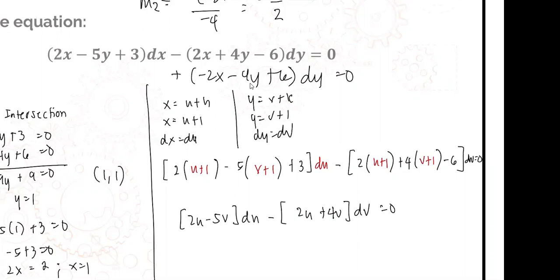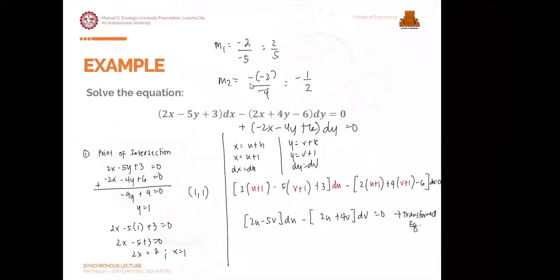So ito na yung transformed equation natin na homogeneous, no? So once homogeneous na siya, next na gagawin natin is to get yung transformation na using yung ano natin, no? Yung may additional tayong variable.